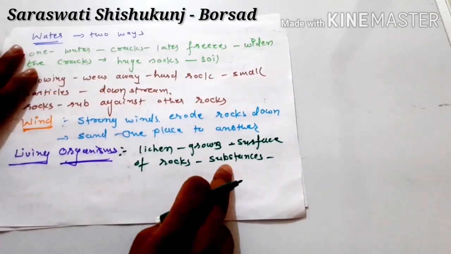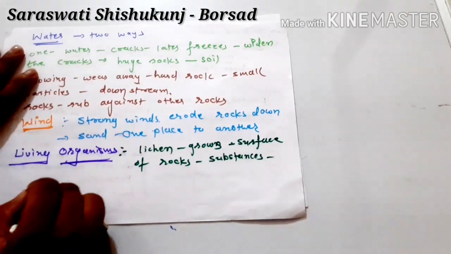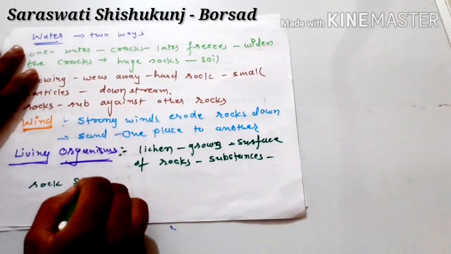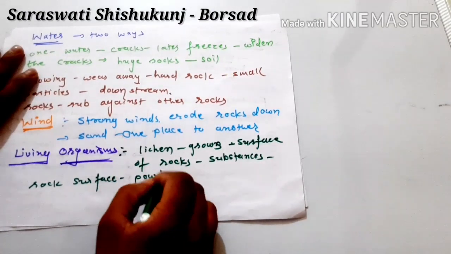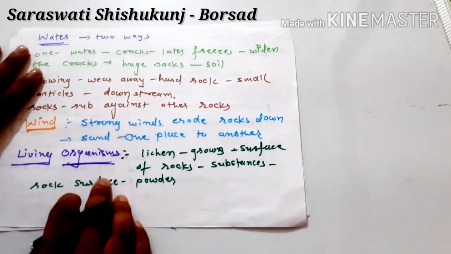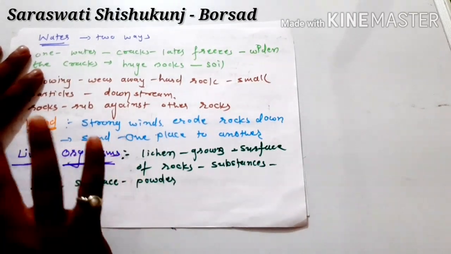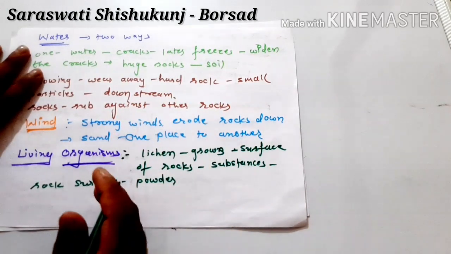These substances convert the rock surface into powder form. It breaks down that rock surface into powder form. In this way, the whole rock is converted into soil, right?